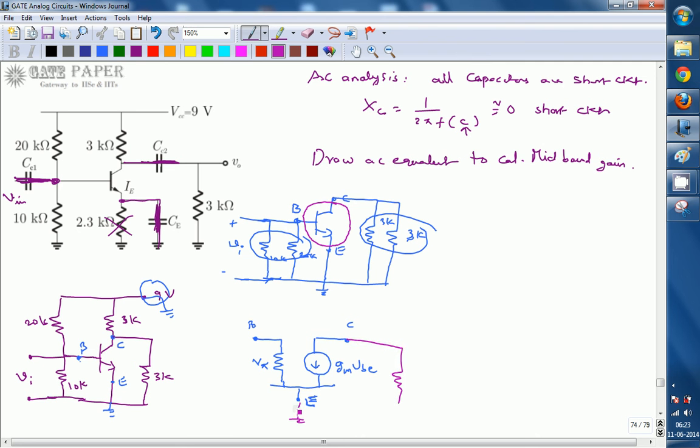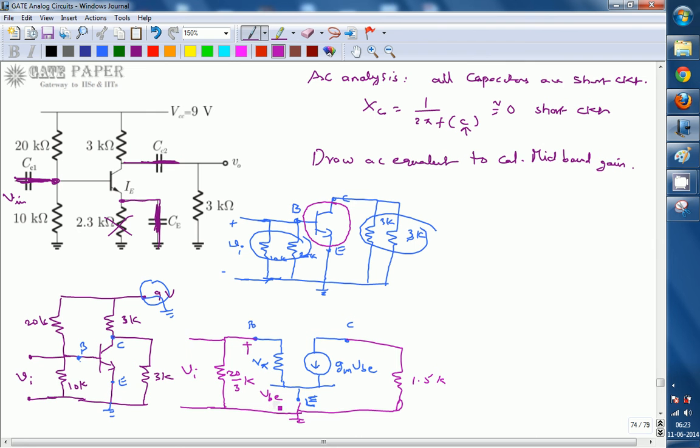There is one more resistor whose value is 20 parallel 10, that is 20 by 3 k, and this is where we apply Vi. VBE is also the same as Vi, because VBE is from base to emitter, and Vi is also from the base to emitter. Remember that one.